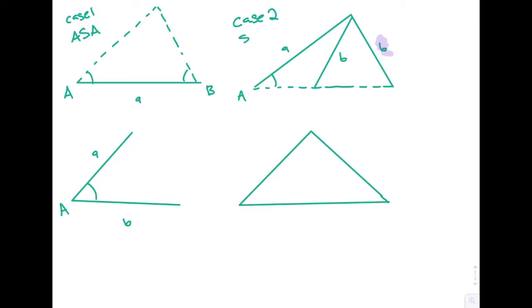So this would be side-side angle. Case 3, we have a side, an included angle, and a side. And case 4, we have three sides. The first two we can solve using the law of sines, and the second two we must use the law of cosines. So we'll get to that in the next video.